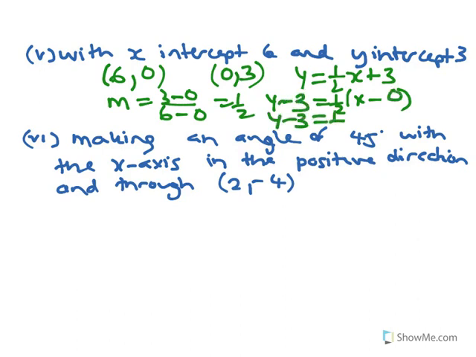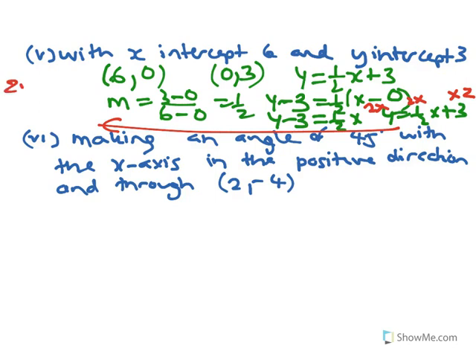Y minus 3 is minus a half x. Y is minus a half x plus 3. You could also put that into general form if you wanted to, multiply everything by 2. So 2y equals minus x plus 6. So x plus 2y minus 6 equals 0.